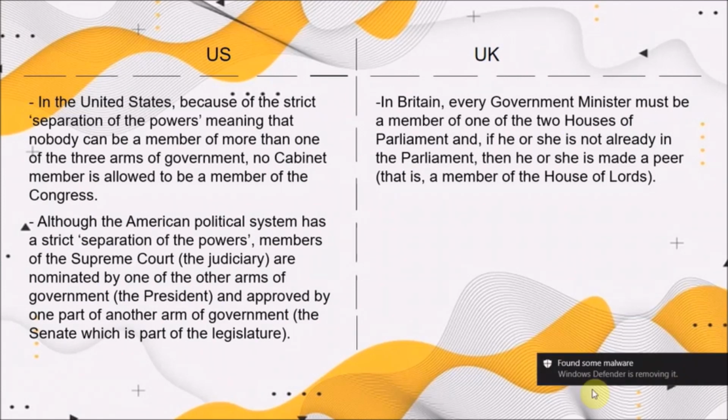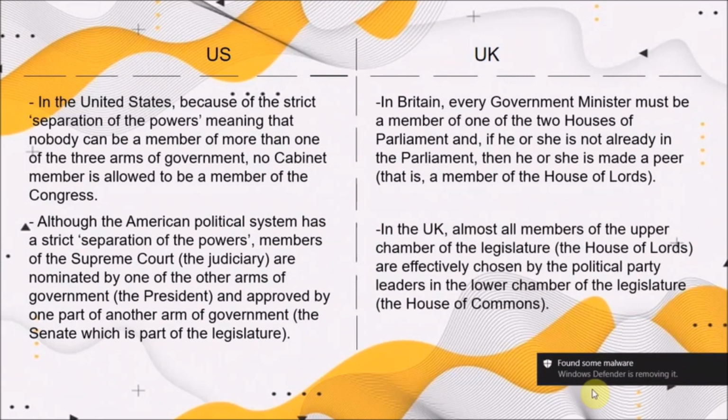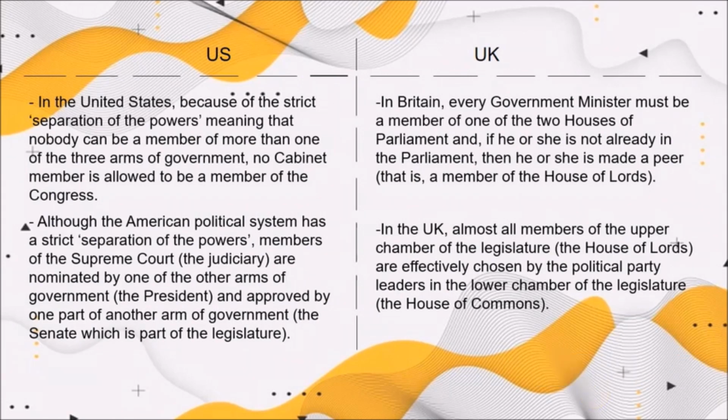And in the UK, almost all members of the upper chamber of the legislature, the House of Lords, are effectively chosen by the political party leaders in the lower chamber of the legislature, which means the House of Commons.